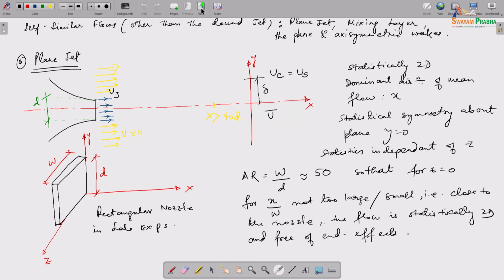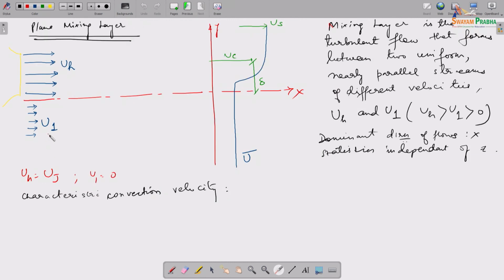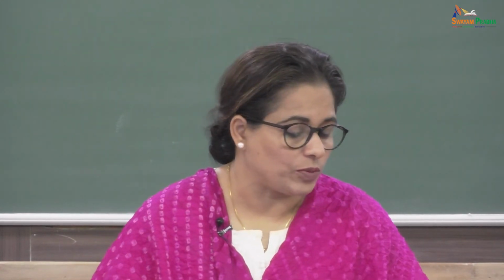But if you come here, what will we call this, because I have two imposed velocities, UH and U1. If I have to define a velocity for the profile, for the domain, which one should I take? So that's when we say characteristic convection velocity, because there are two imposed velocities.